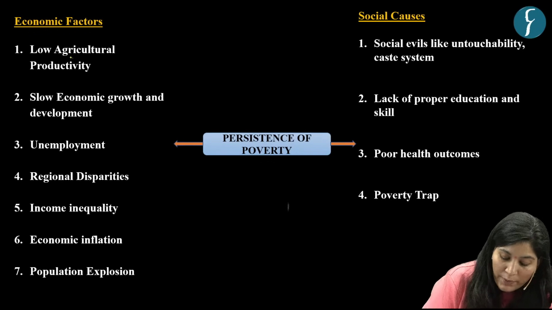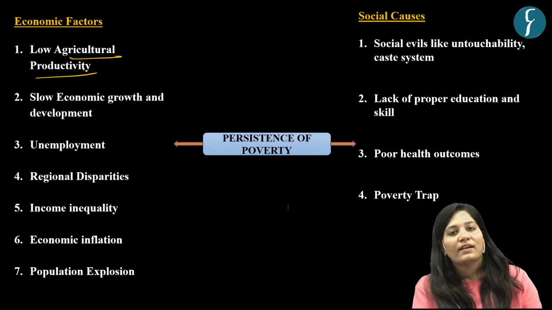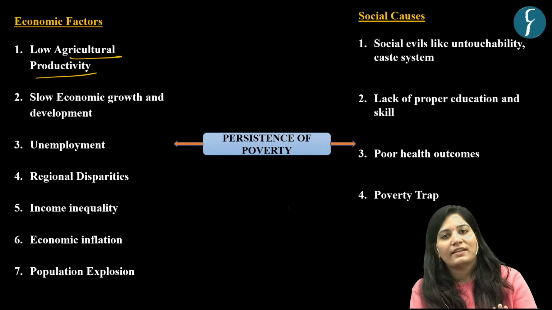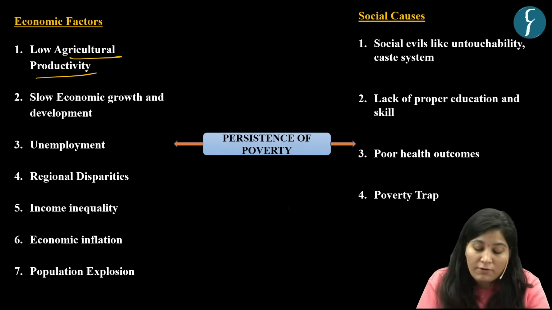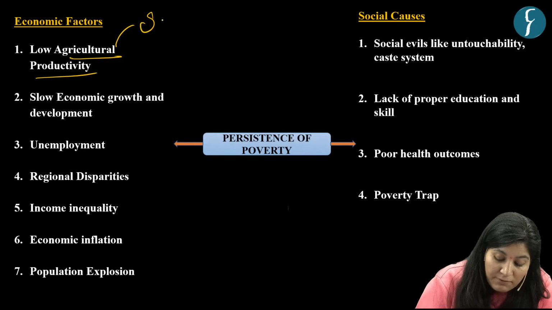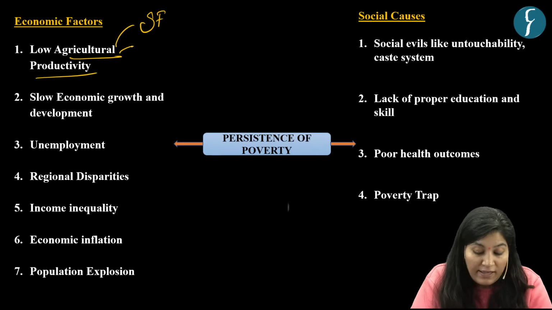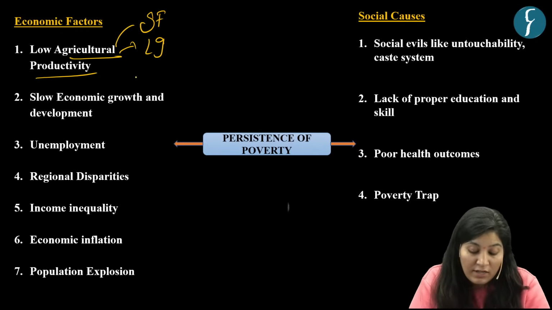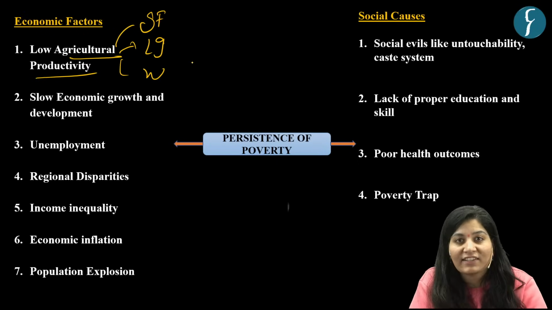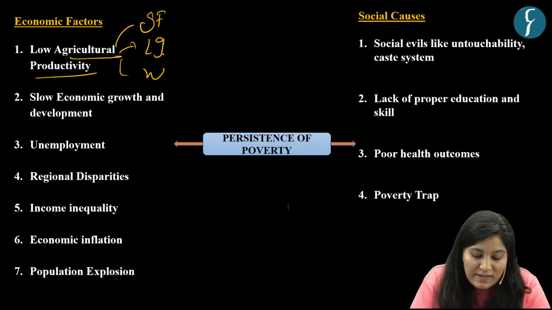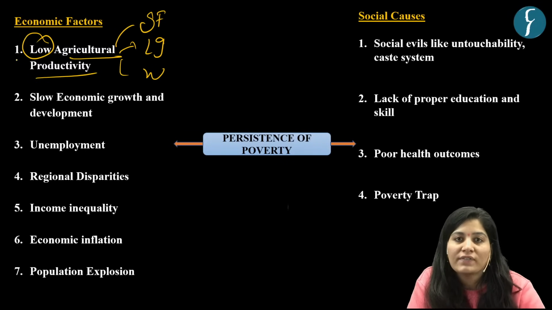First is low agricultural productivity. See, the agriculture sector itself is facing issues in the form of small farm landholding, then low investment, wastages, etc. So because of this, there is low agricultural productivity.